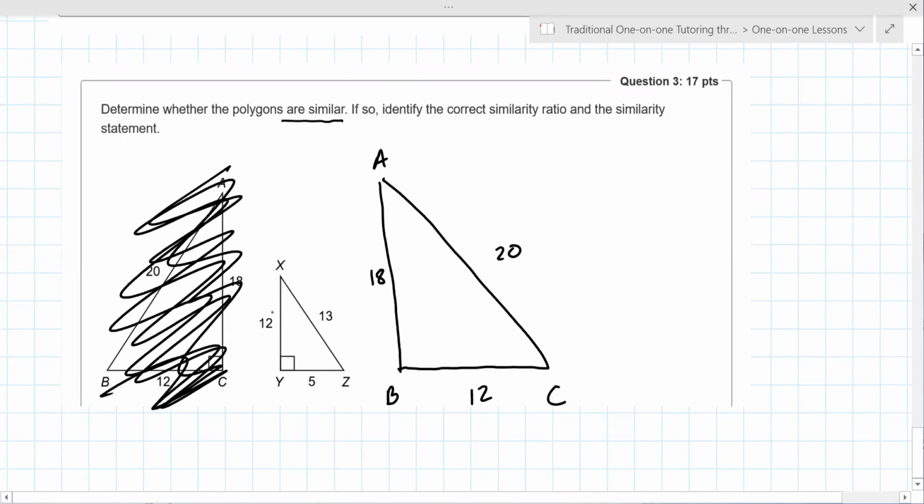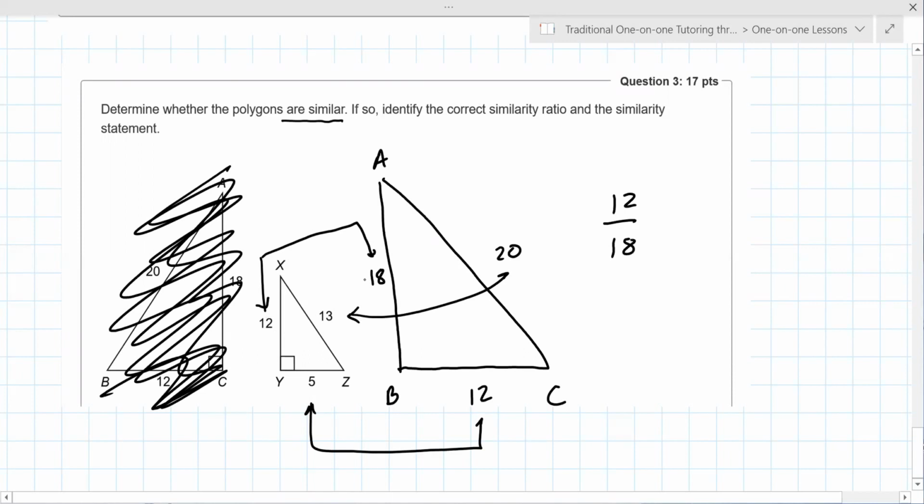Do you see how this side would go with this side, and this side would go with this side, and then similarly that side would go with that side? So you write three proportions. 12 over 18, is that equal to 5 over 12, equal to 13 over 20?